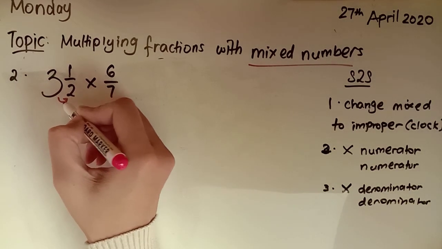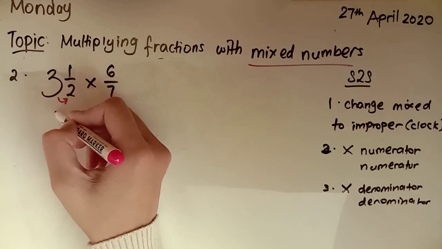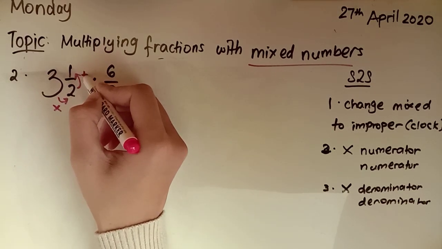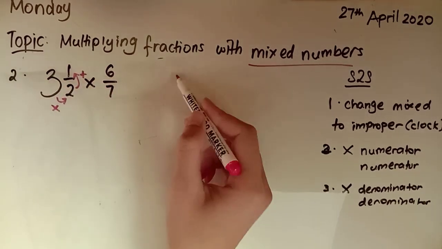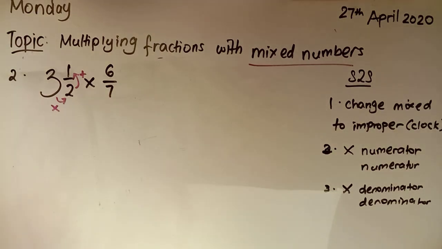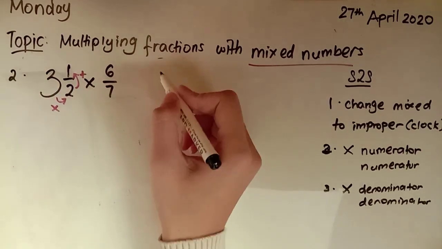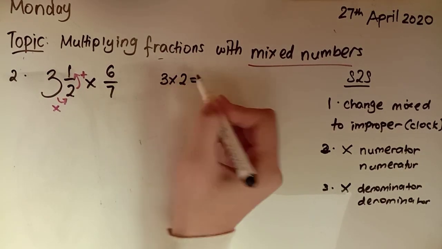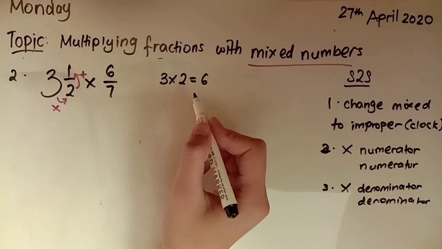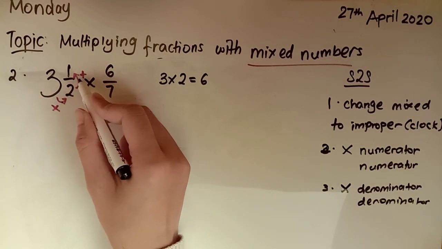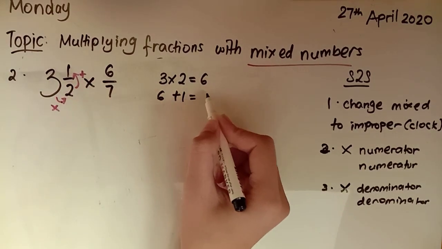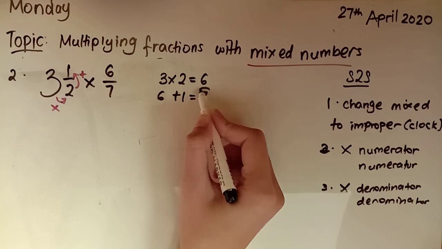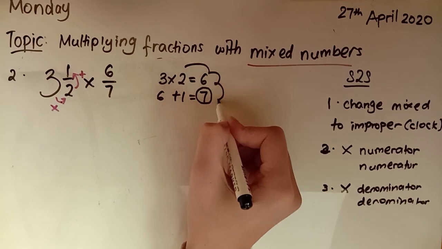So here, clock method, 3, the whole times the denominator times, and then you plus. Again, like I said, I need to see this clock method punya working dengan cloud. I need to know what you're doing, or I need to know if you understand what you're doing. So 3 times 2, write it down here. What is 3 times 2? 6. Okay. 3 times 2 is 6. So 6 plus 1, which is 7. Okay, bulatkan 7. Make clouds around it.